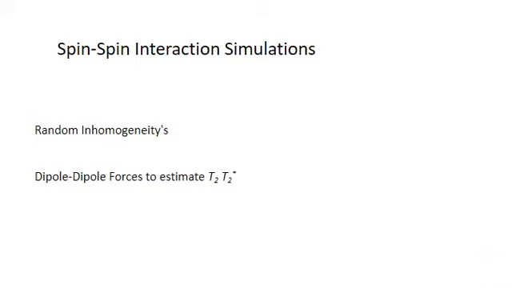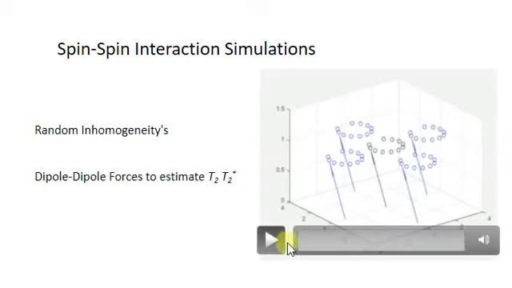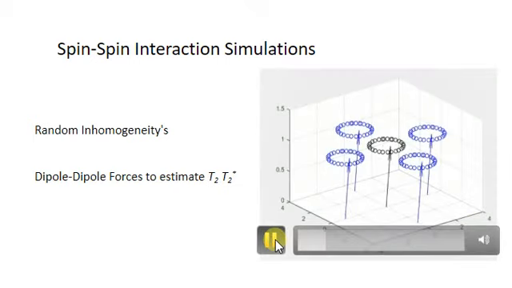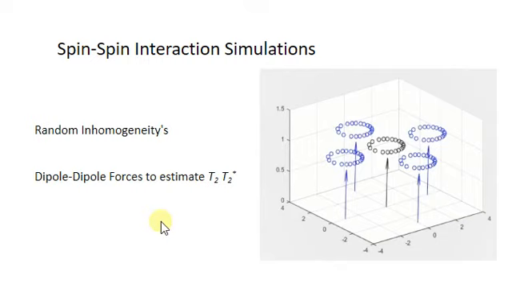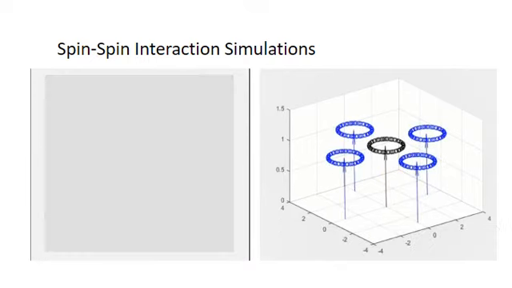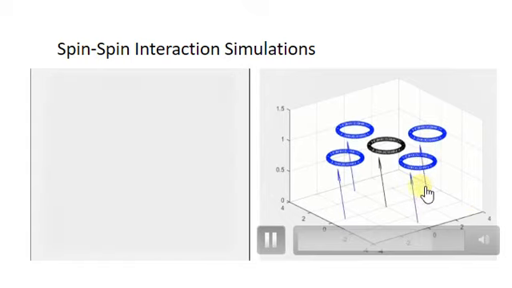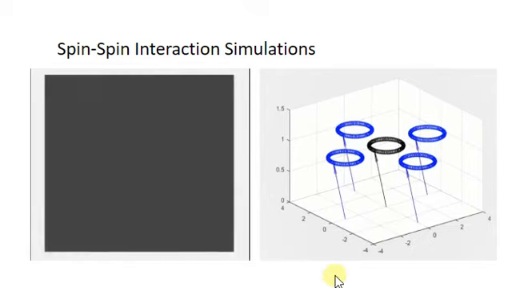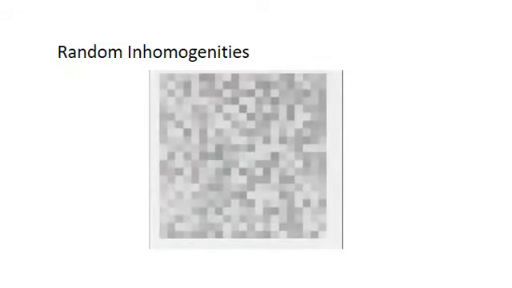For the second case, we are considering an animation where the X projection of the spins is represented by a color between black and white. If no dephasing occurs, we should see something like this. However, let us introduce a random inhomogeneity in the lattice.